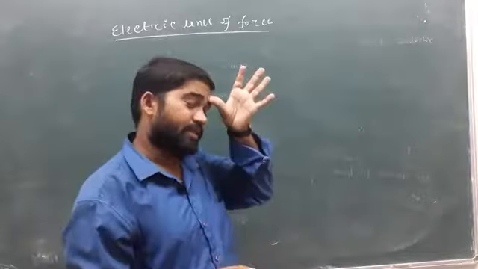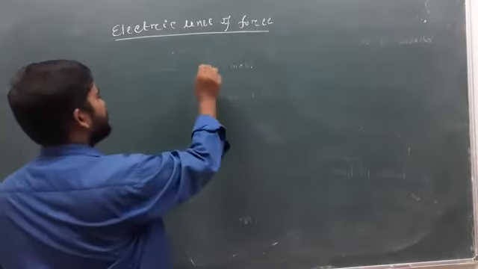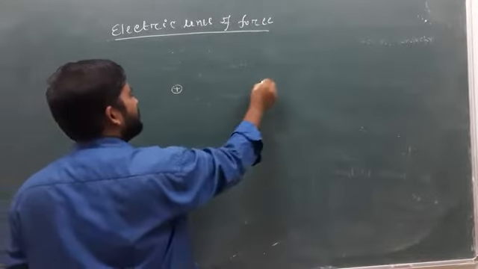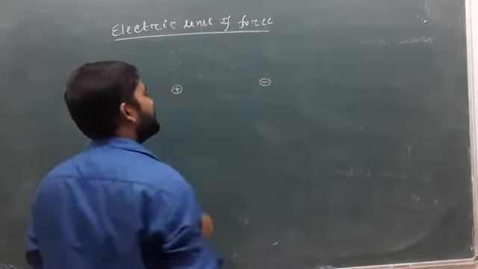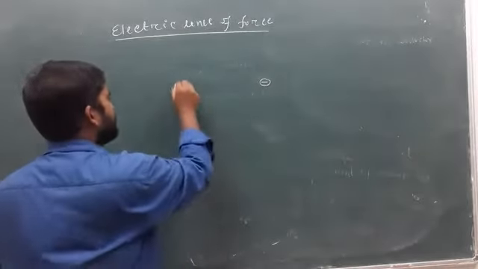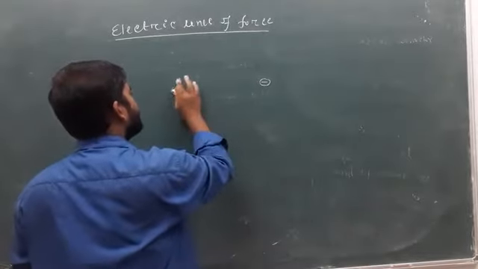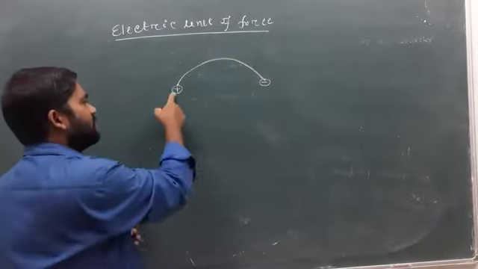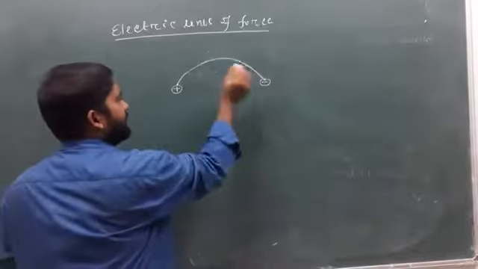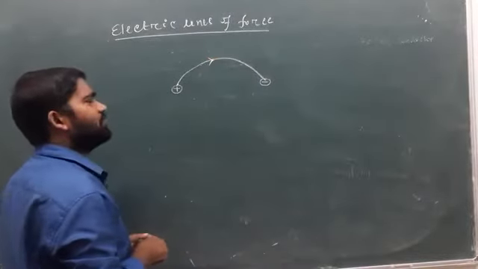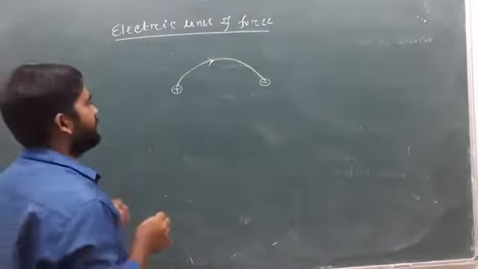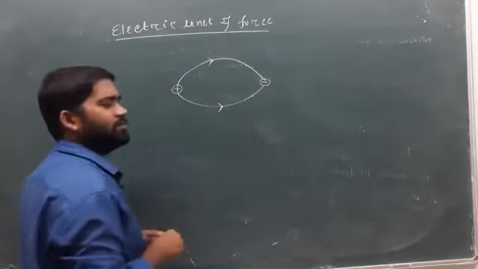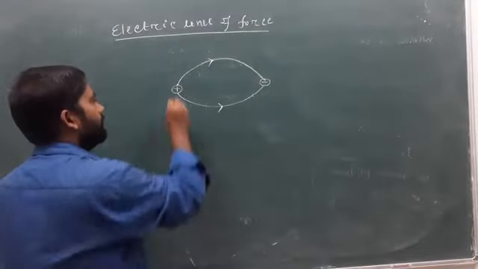Take an example: suppose this one is a positive charge and this one is a negative charge. In case of plus and minus, the electric lines of force always start from the positive and end at the negative, so my arrow sign is from the positive charge to the negative charge.